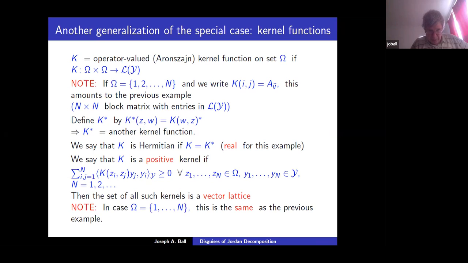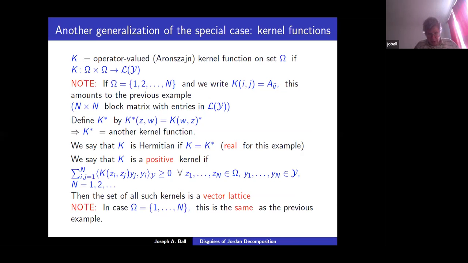It just means it has values in the space of operators on the Hilbert space Y, but its domain is the Cartesian product omega cross omega instead of just omega by itself. So I want to point out that if omega is just the first n integers, 1, 2 up to capital N, and we say K at the value (i,j) is the matrix with row index i, column index j, then this is just what we had before.